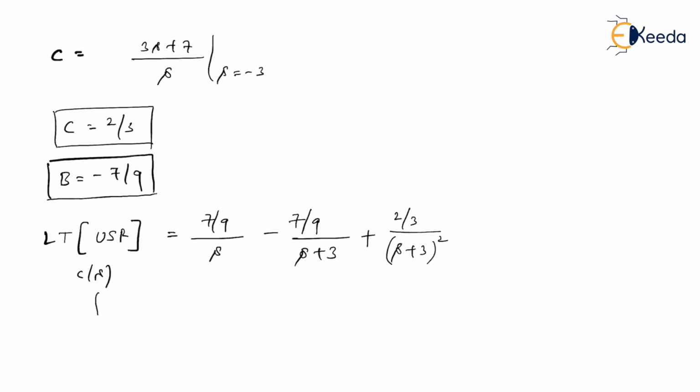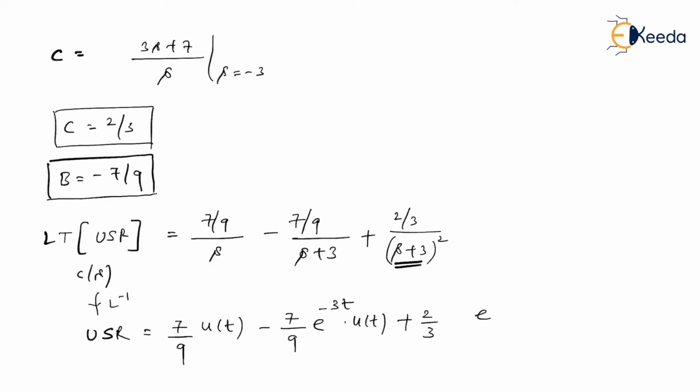Am I right? Of course, after taking the inverse Laplace of this, you will get the unit step response, which is equal to 7/9 times the inverse Laplace of 1/s, which is u(t), minus 7/9 as it is, e to the power minus 3t times u(t), plus 2/3 is constant.